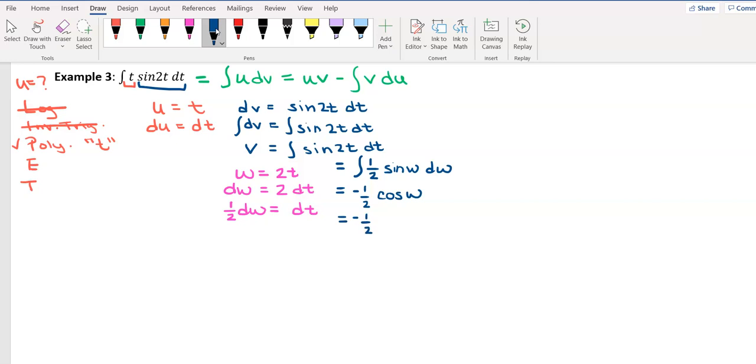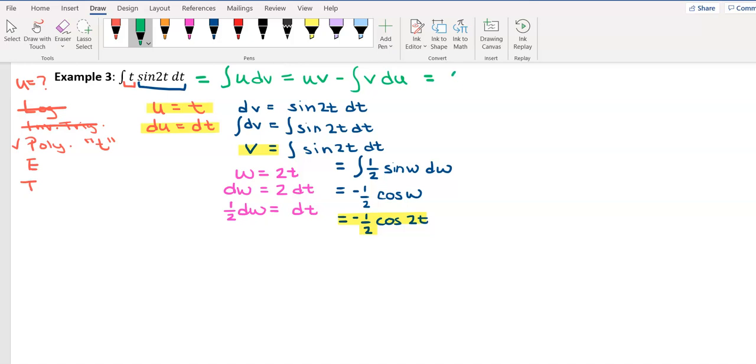So it's negative 1/2 cosine 2t. Okay, so what we have here is our u, which we need for our by parts formula, our du, and now we finally have our v. So now we can go ahead and plug it in to find our final answer.